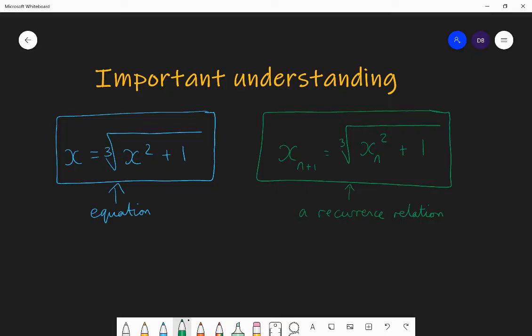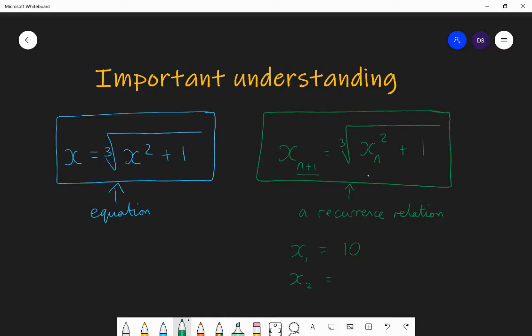So if I had the first value of x, let's call it x1, if x1 were equal to 10, then I know that x2 would be based upon x1. If I had x2, then n would be 1 to make x subscript 2.